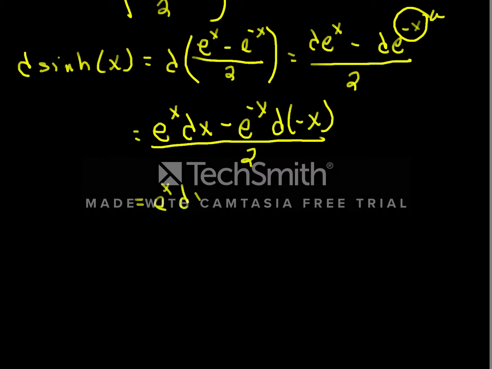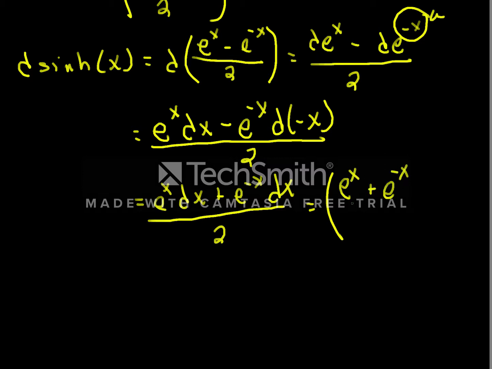plus e to the negative x dx all divided by 2. Factoring that out, e to the x plus e to the minus x all divided by 2 dx.